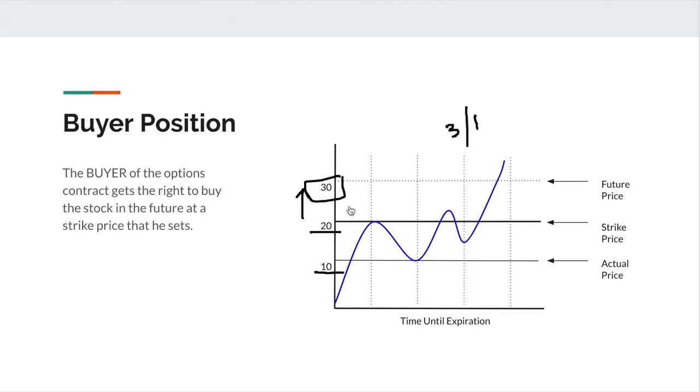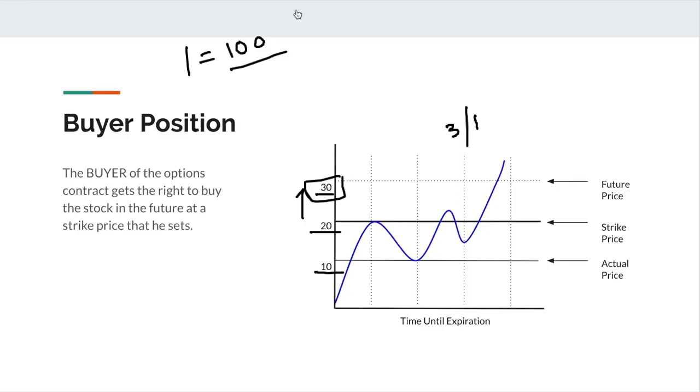So now you're kind of seeing how this is beneficial for the buyer. One options contract is worth 100 shares, and 99% of the time it always is. Now, as the buyer, you are guaranteed 100 shares at $20, even if the stock is now valued at $30, and you can buy as long as you do it before March 1st.